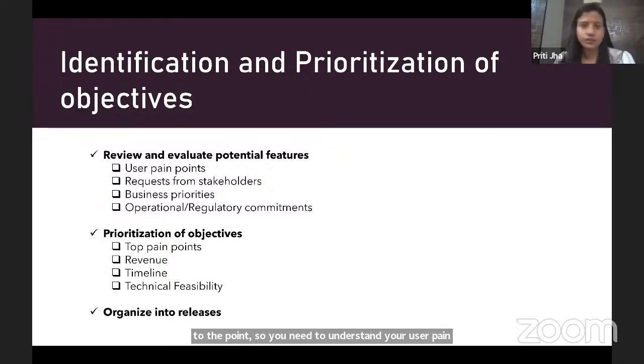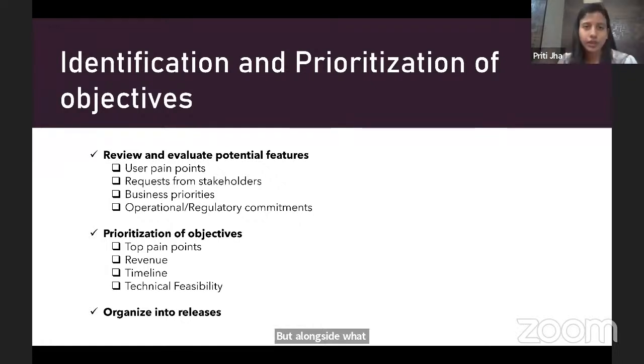Now, if it's a new product, like I was saying, you might do a lot of market research, you might do a lot of user interviews. If it's an existing, well-functioning product, these things are still going to hold value, which is your market research, your competitor analysis, your user interviews, but alongside what your product analytics say.